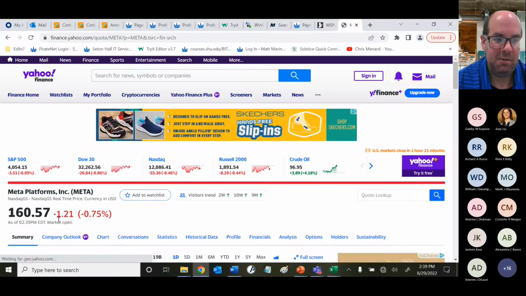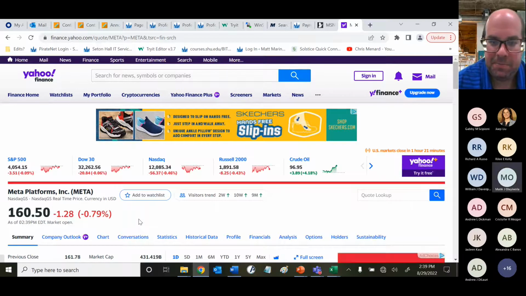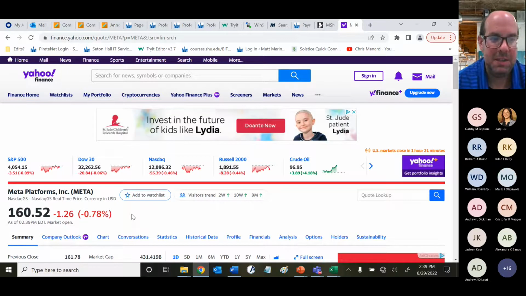So does everybody know why this has changed multiple times while I've had this up? They changed the name. No, I mean the price. Have you seen it change multiple times? Do you know why that is? No. So the stock market's still open till 4 o'clock.